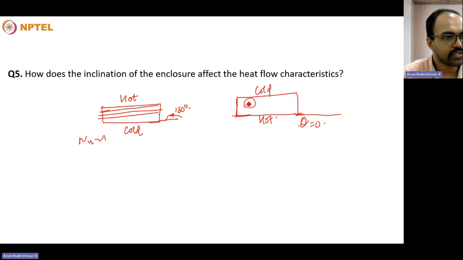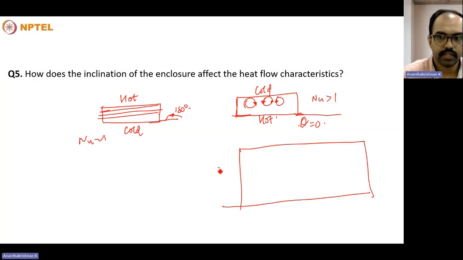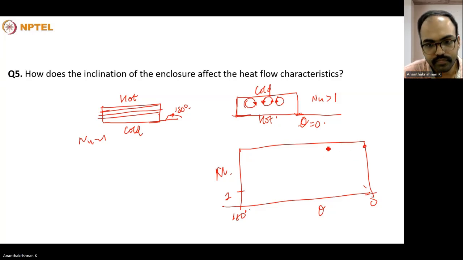If you draw a Nusselt number versus angle of inclination theta, at 180 degrees the value will be equal to 1, and at 0 degrees the value will be somewhere high. So we do not know what happens in between.